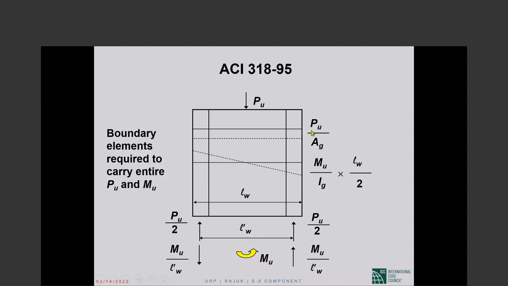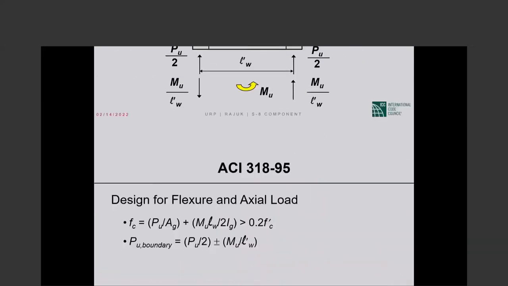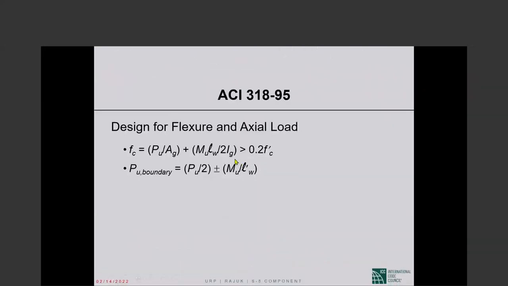If the combined compression, the compression due to P sub U plus the compression due to M sub U, adds up to more than 20% of F sub C prime, then we had to design our shear wall pretending that the web has disappeared, that it does not do anything for us anymore.